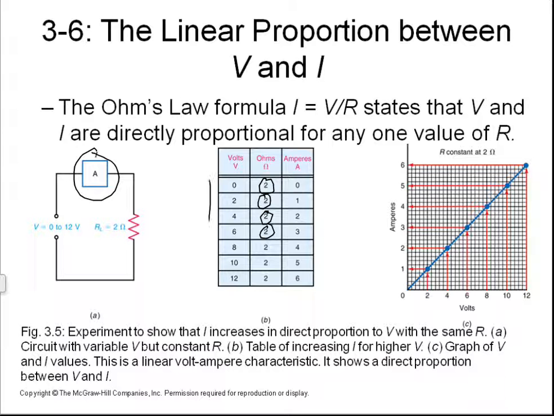Now, as we vary the voltage from 0 to 12 volts, we can see that we have a direct linear slope to our current to volts. So it's a direct linear slope, as shown here, because current and voltage are directly proportional for any one value of resistance.